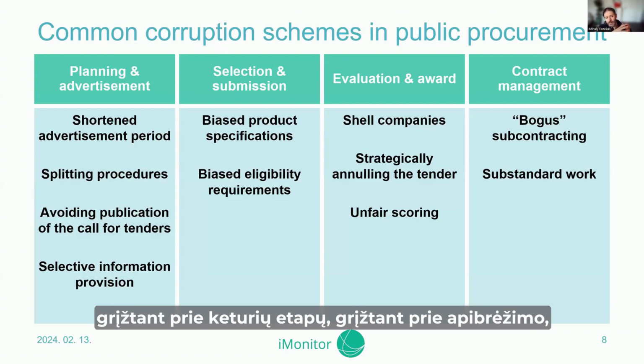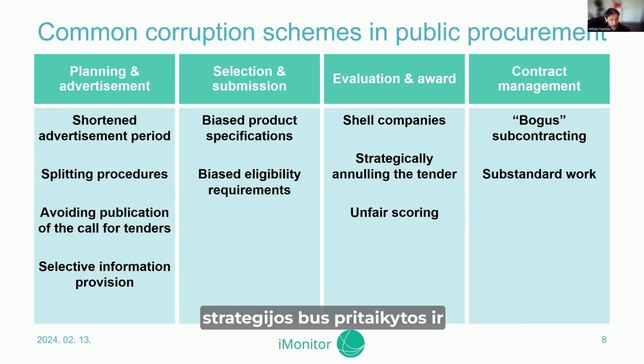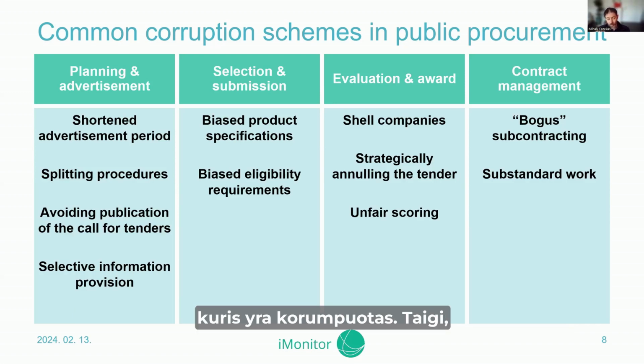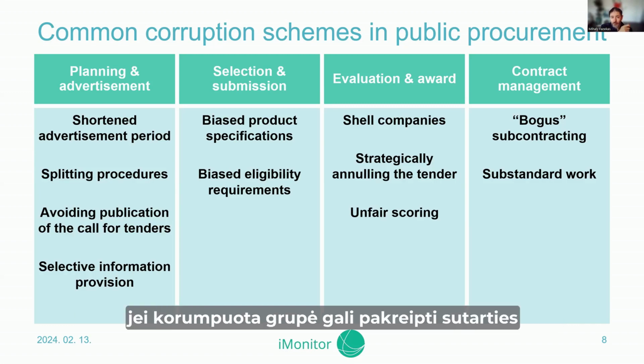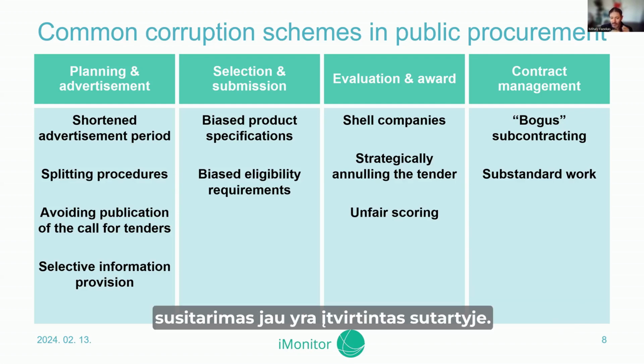Now, going back to the four stages, going back to the definition, what does corruption look like in public procurement? Corrupt schemes or corrupt strategies will be tailored, specific to the particular aspect of procurement which is corrupted. So if a corrupt group can corrupt or bias the selection phase, there's no point in corrupting contract management, because the corrupt deal has been set in stone, it's in the contract, so why deviate from it, right?